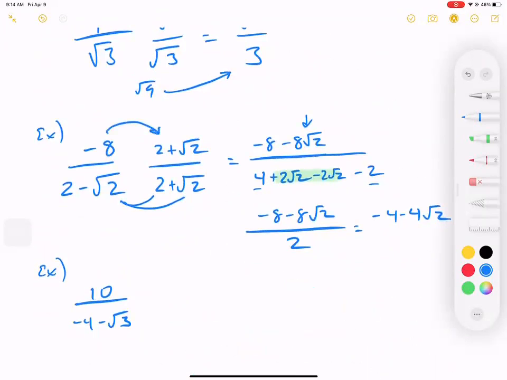I made a mistake here. You're right. 8 times 2 is negative 16. I just brought over the 8. You're right, thank you for catching that. That's negative 16, this negative 16 here. And I'm going to divide that by 2, making that 8. Thanks for catching that. Sorry about my distributive property messing up.